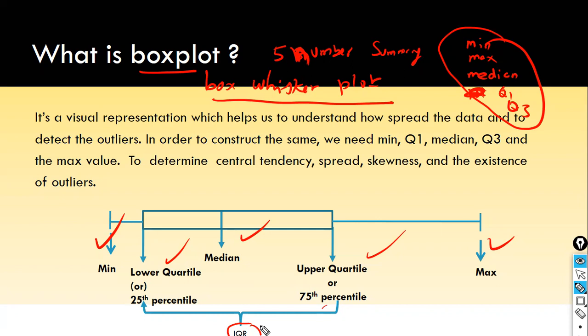But this is also one of the important topics, okay? IQR, interquartile range. IQR is nothing but if you subtract Q1 from Q3, whatever you get, that is your IQR. This gives you the spread.